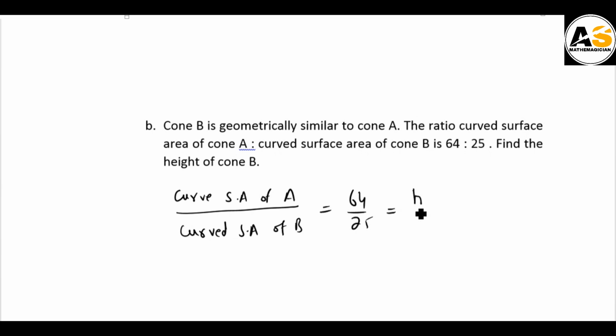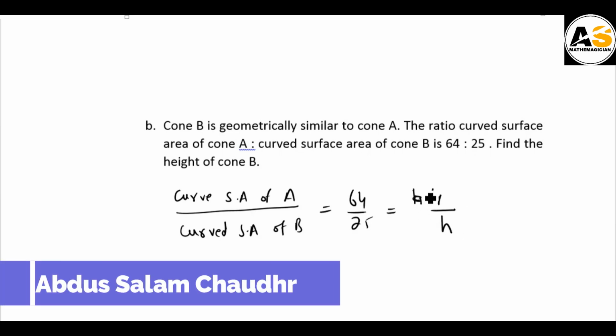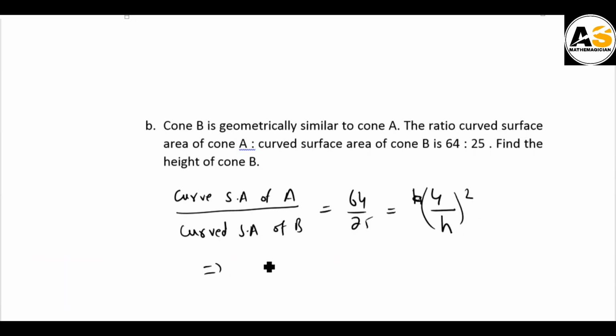This is equal to 4, which is height of cone A, divided by height of cone B, its square. From here I can write 4 over h is equal to 8 over 5, which implies h is equal to 20 over 8, which will be 2.5 centimeter.